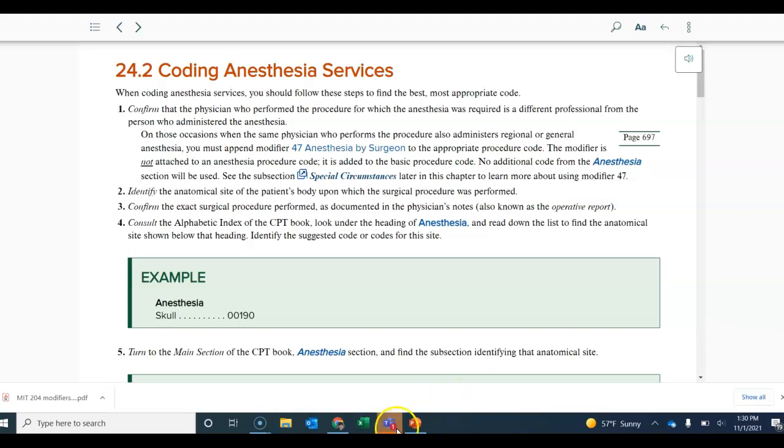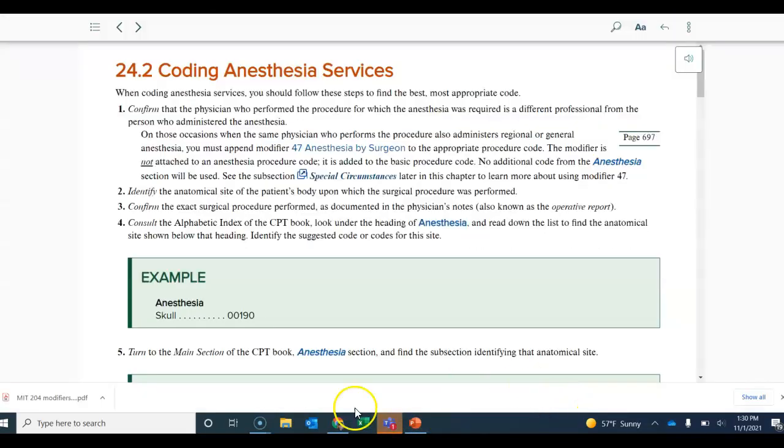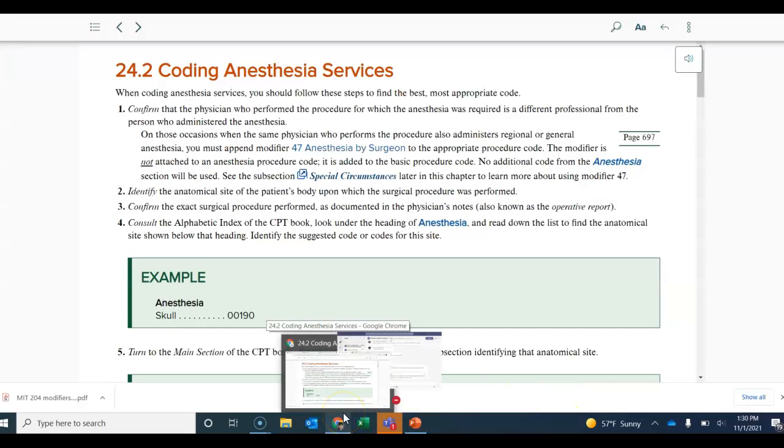So it's going to be by body part, okay? So go to the back and look under anesthesia. Just look at the word anesthesia. Okay, so you'll see anesthesia, and then you can see like arm, abdomen, biopsy. Okay, you see all these different procedures.